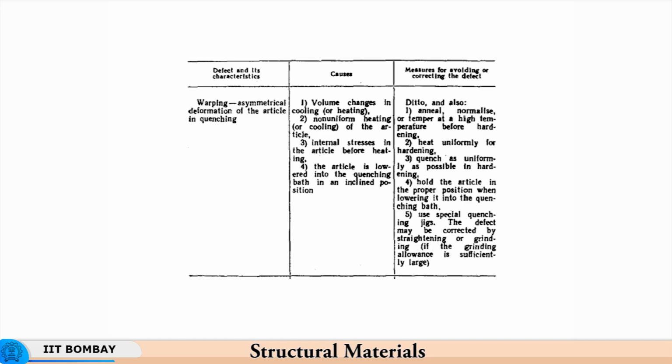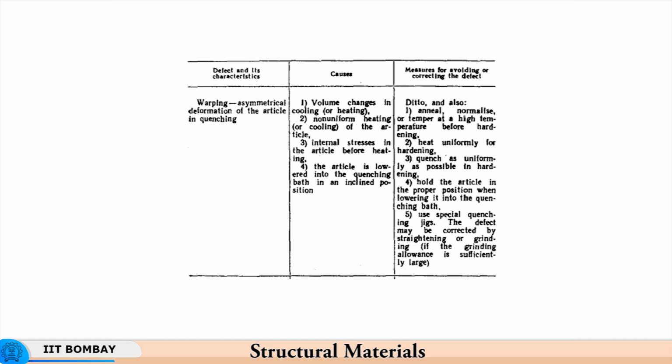So, one thing could be just heat uniformly for hardening. So, there are means of heating uniformly. There are standard equations or standard guidelines about what should be the spacing between two billets or two articles when they are being heated in the furnace, so that the heating medium is available to each article to heat it uniformly, as well as to place it in the furnace for sufficiently long time.